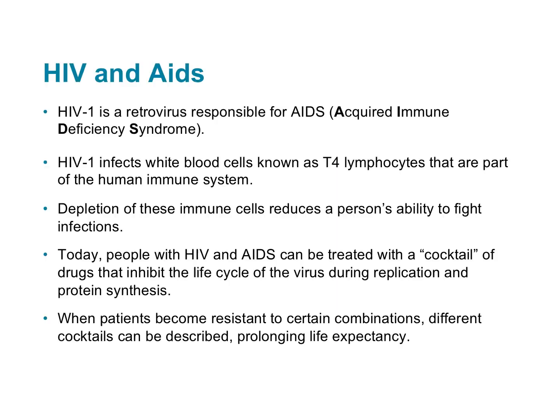So I did want to take a second and talk about HIV and AIDS. HIV is a retrovirus, and it's responsible for AIDS. It infects white blood cells known as lymphocytes, and these are just part of the immune system. If you're interested in that, you can take immunology. When they infect those immune cells, they deplete them, they kill them.